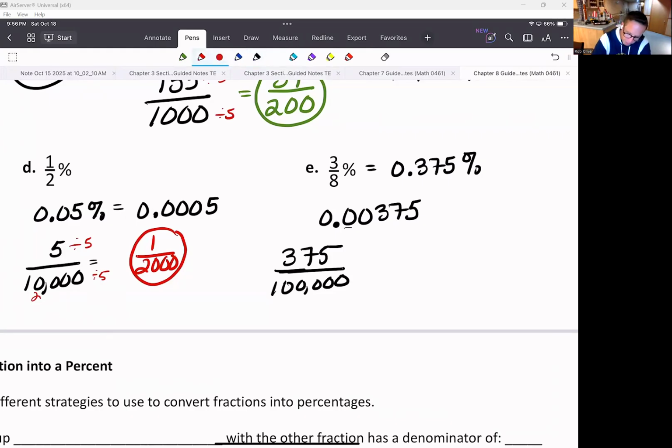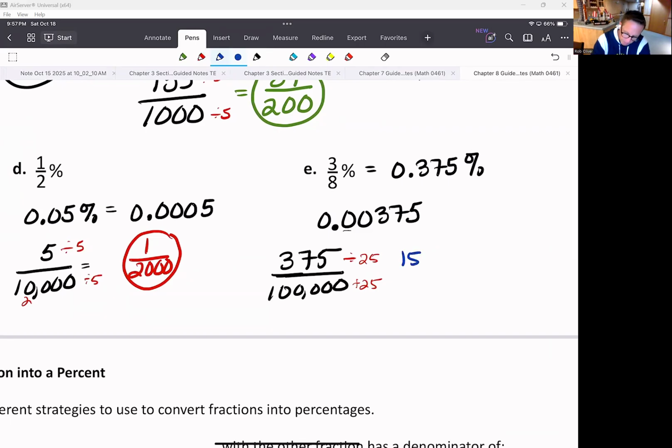Seems like we can divide by 25 at least. So I got 15 over 4,000. And then we can divide that by 5, and so then we get 3 over 800.